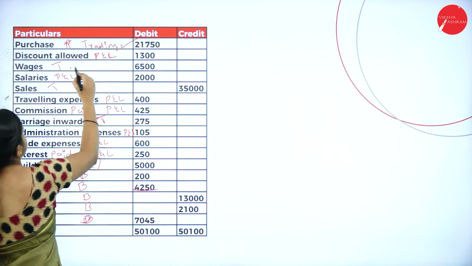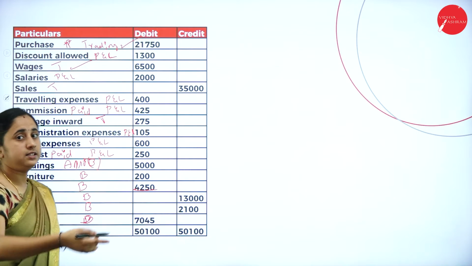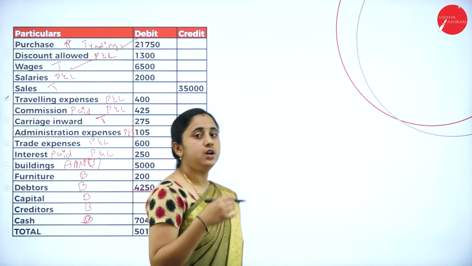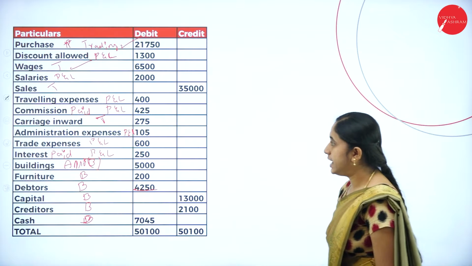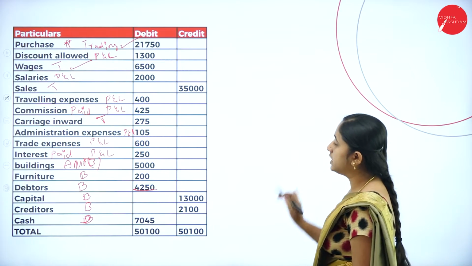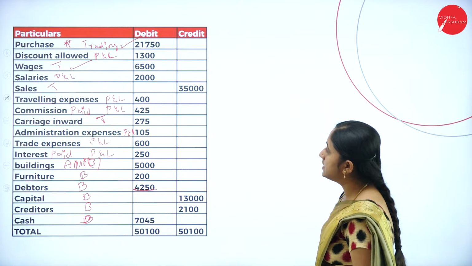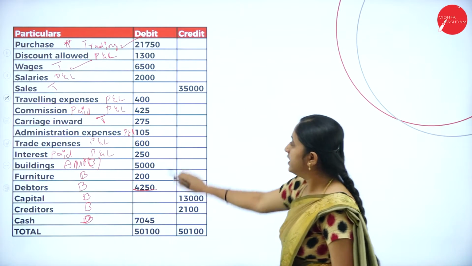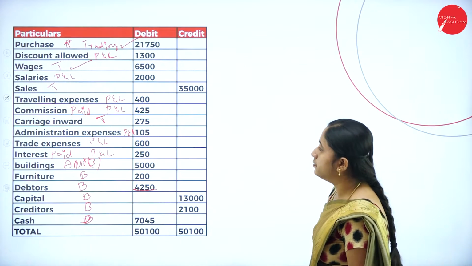Again, this wages will be recorded. Then sales. Sales is direct income. So purchase is on the debit side, sales on the credit side. So write sales in the trading account credit side, 35,000. Before writing sales, just verify whether you have any sales return or return inwards.